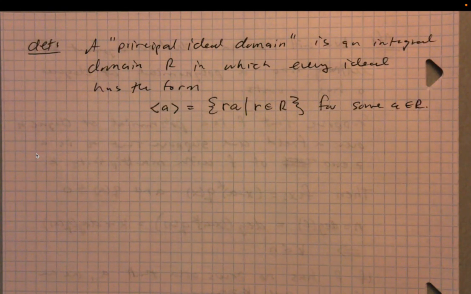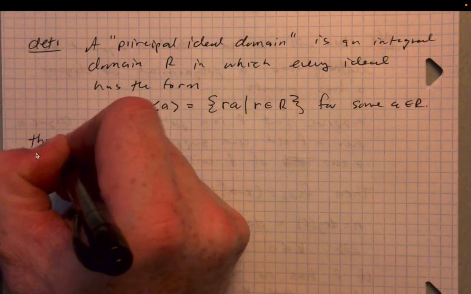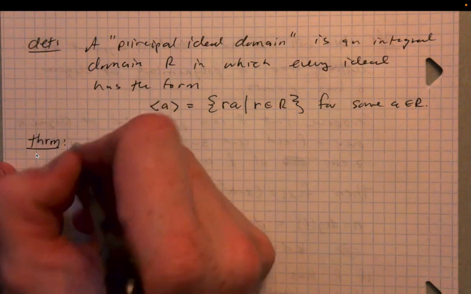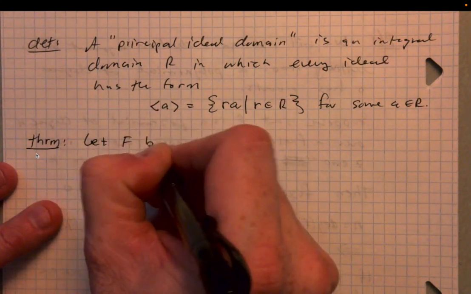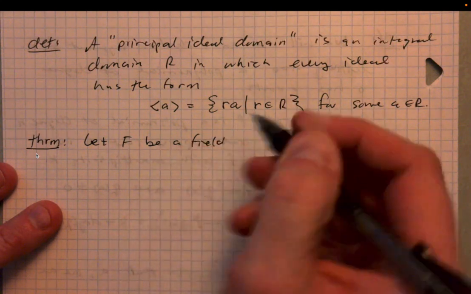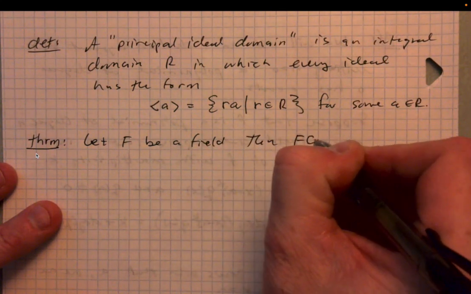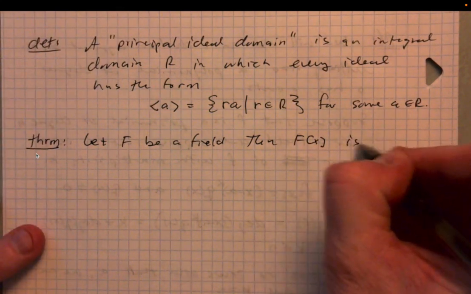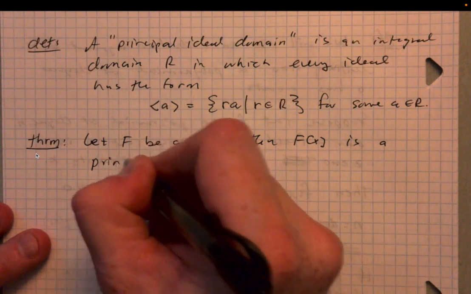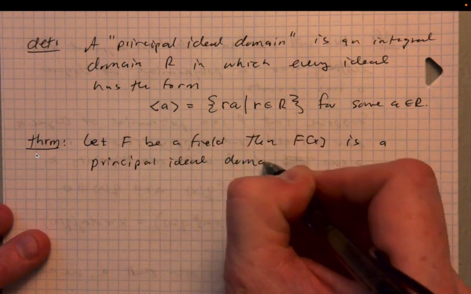Okay. And so the theorem that we want to end on here is this. So let F be a field, then F of x, the ring of polynomials over F, is a principal ideal domain.